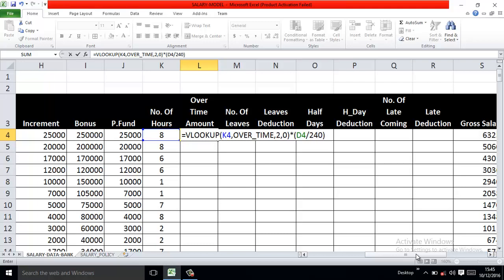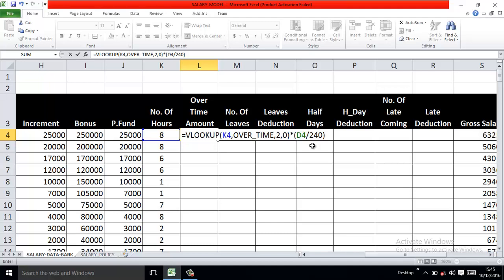If I calculate per day salary, I'm supposed to divide basic salary, that's D4, by 30, and then if I further want its per hour salary, the calculated per day salary would be divided by 8, because 8 is the working hours. So the total working hours of a month is 240, which I got by multiplying the 30 days in a month and 8 hours in a day.